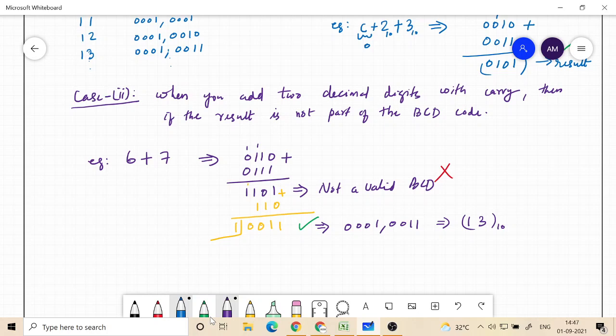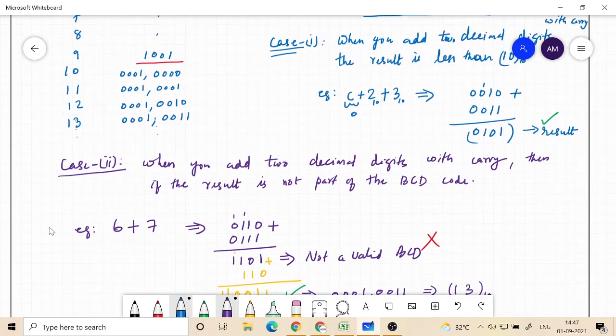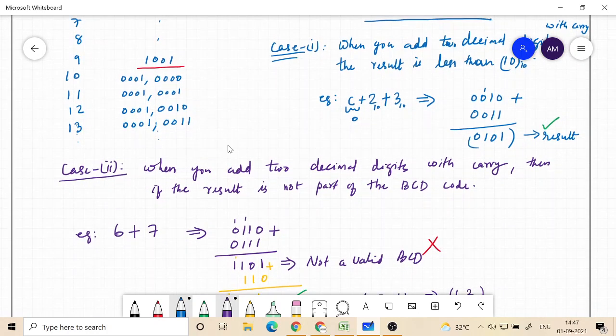So whenever we get the second case, where an unfamiliar code comes as a result, all you need to do is correct it. We implemented this addition of BCD numbers using binary adders, so you have to keep that in mind. In all the additions we are using a binary adder. We gave the BCD code as input to the binary adder.